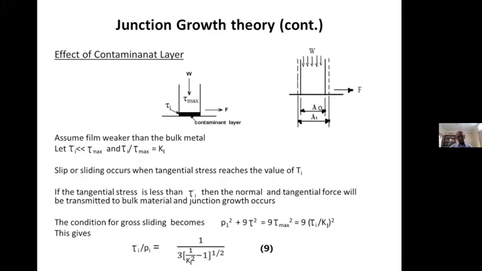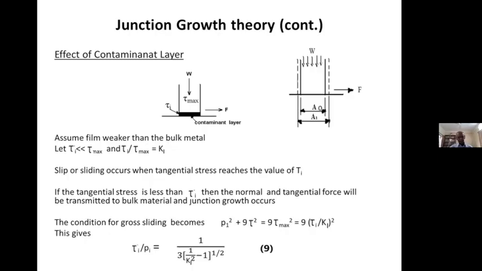The objective of writing it in this form is to transfer the whole equation in terms of the contaminant layer properties, because we want to see what happens if the contaminant layer is there. If we write the equation only in terms of tau max, then it will not be clear what happens if the contaminant layer is there.